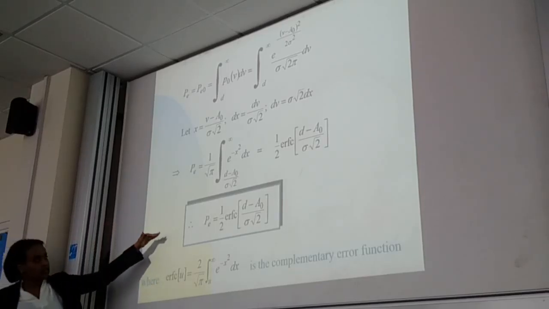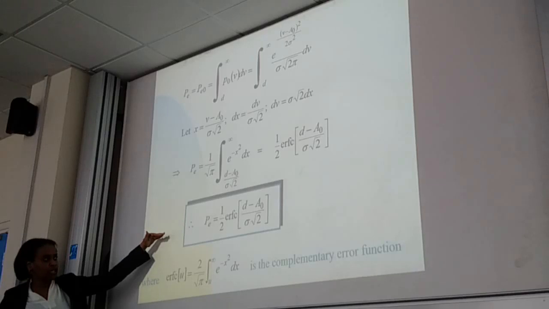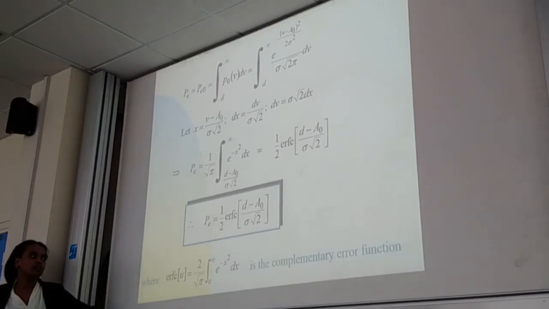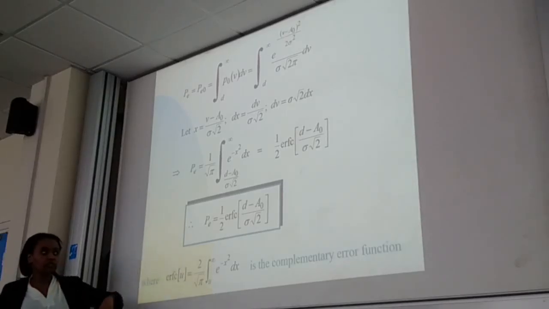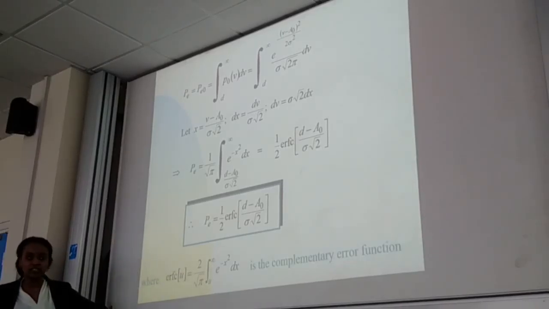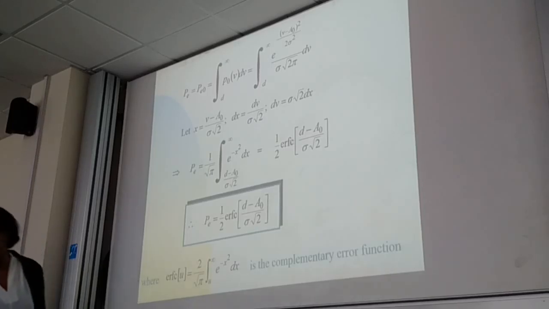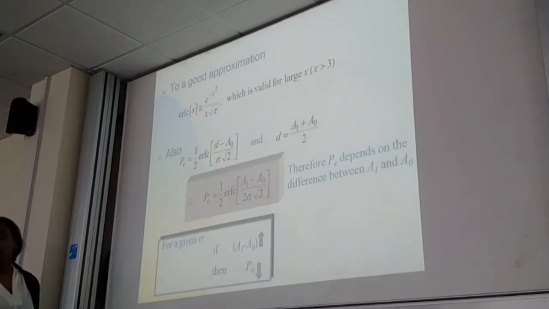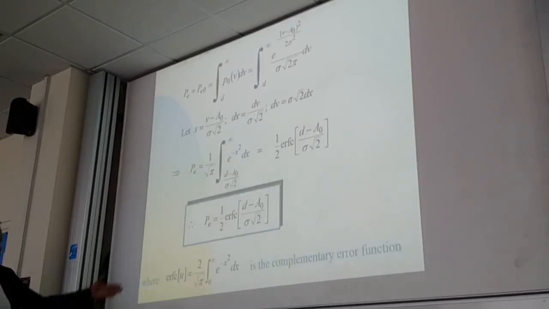And this is how we can obtain the probability of error given the level or the current at A0 and the variance of the Gaussian distribution. You might ask now, okay, what can I do with this complementary error function?